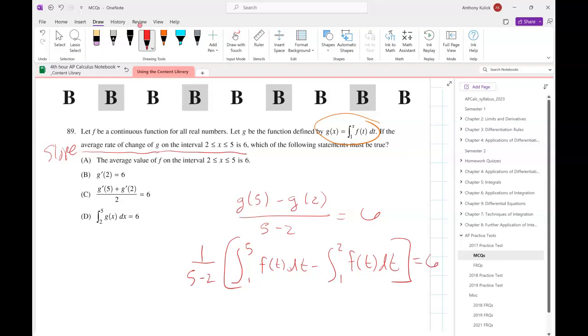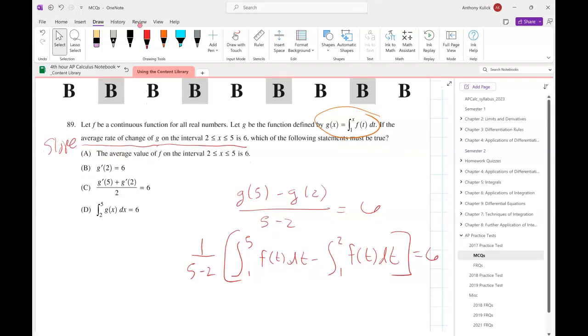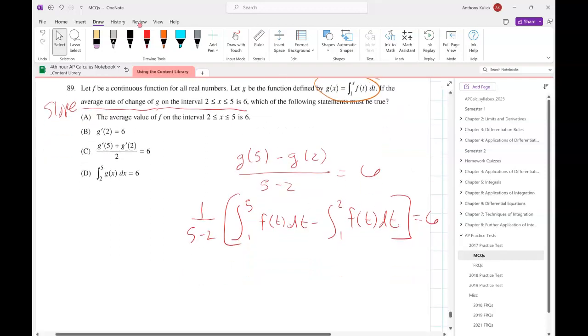Everybody's okay? What does the integral from 1 to 5 of f of t dt minus the integral from 1 to 2 of f of t dt equal? See if you can, I'll write it down to show how we get there, but can anybody see it just intuitively?